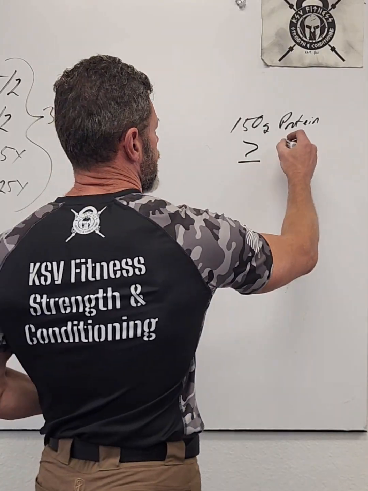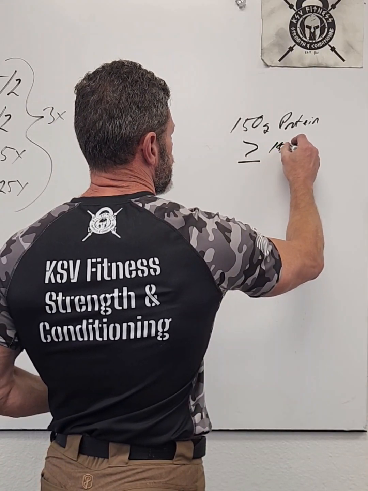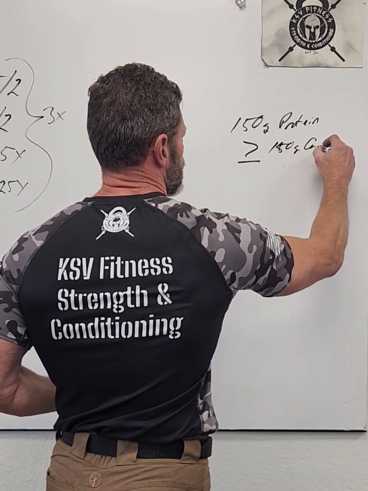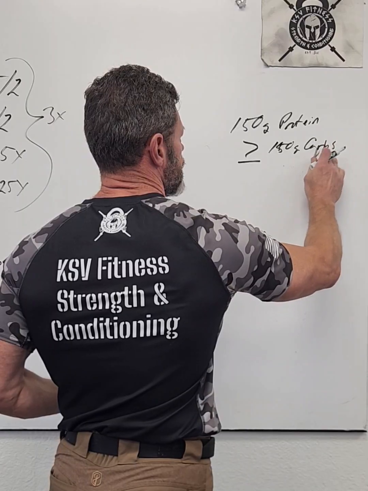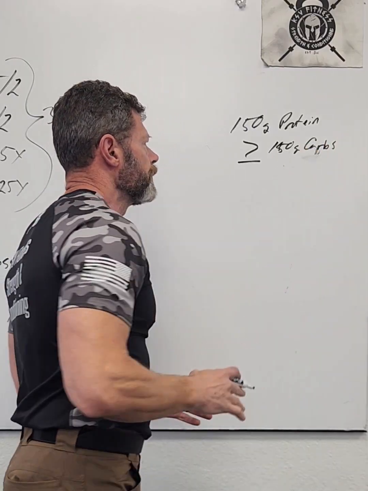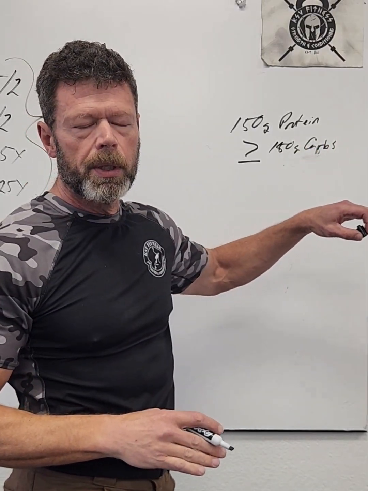So we'd be looking at about 150 grams of carbs, C-A-R-B-S, 150 grams of carbs or less.